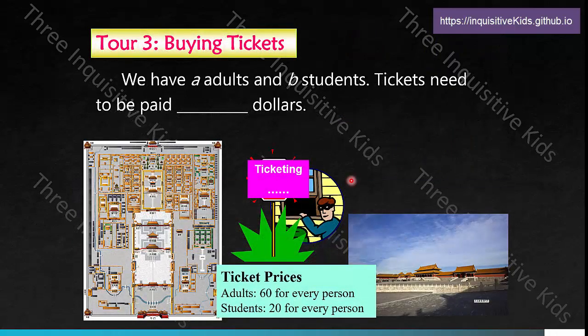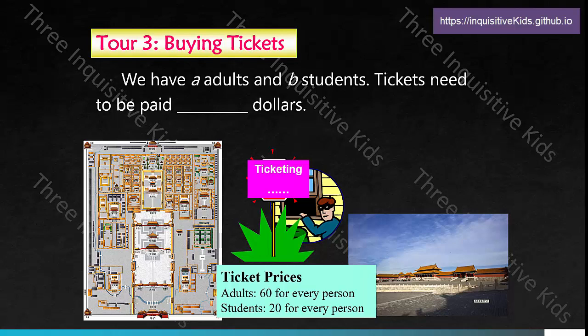Tour 3. Buying tickets. We have A adults and B students. Tickets need to be paid blank dollars. It says that the ticket price is $60 for every adult and $20 for every student. So what we need to figure out is the dollars that go to the adults plus the dollars that go to the students.